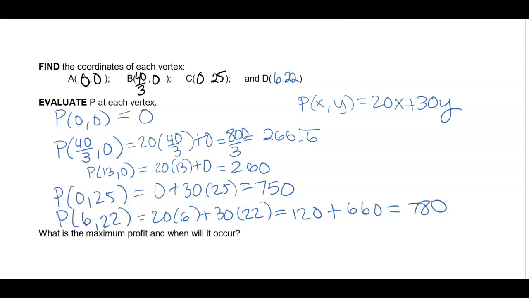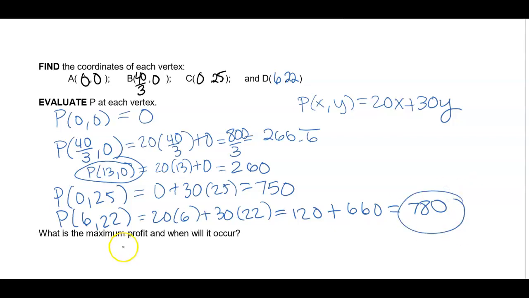So if I use 0, 0, that's my minimum. Like that's where I'd make no profit. I didn't buy anything. If I bought only Hershey's bars, I could buy realistically 13, okay? And that would give me like $260 worth of profit. If I bought just popcorn jars, I can buy 25, which gives me $750 worth of profit. But if I buy 6 cases of chocolate bars and 22 cases of popcorn jars, it's within our constraints and gives me $780 worth of profit, which is the maximum.